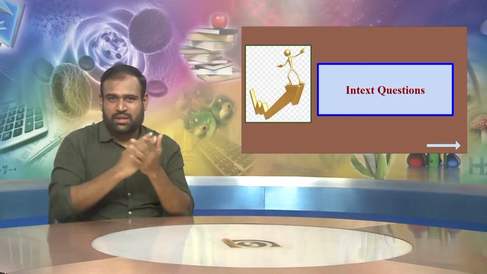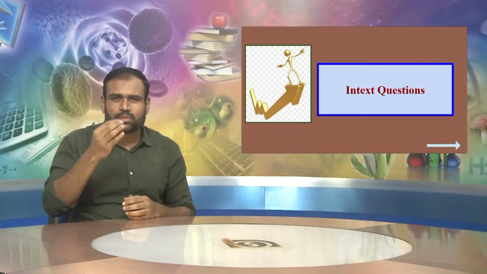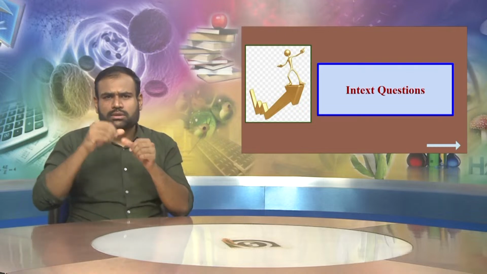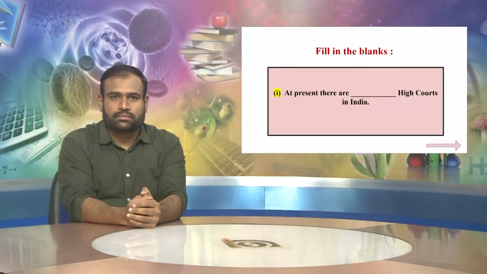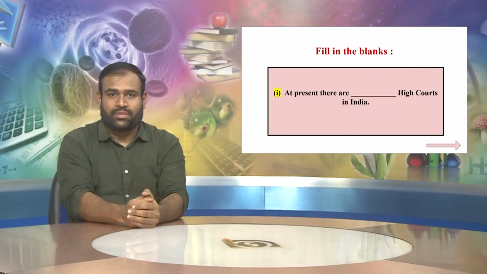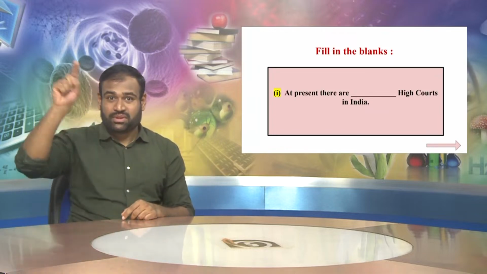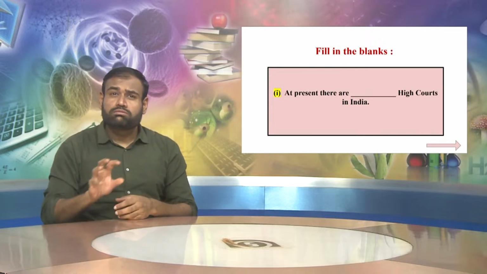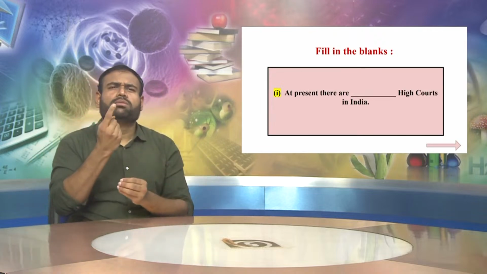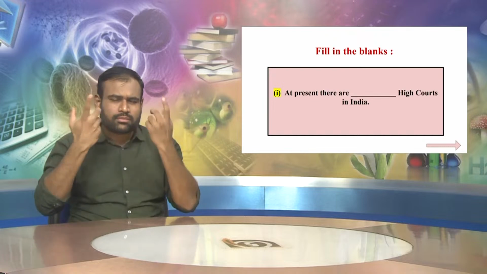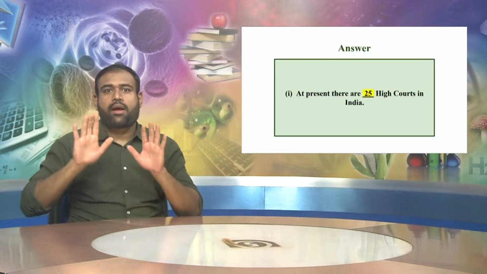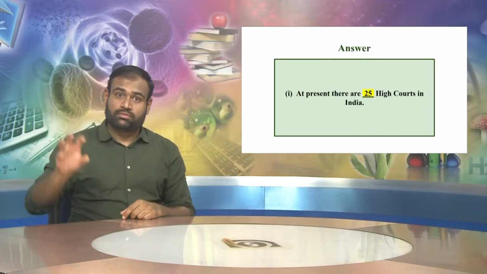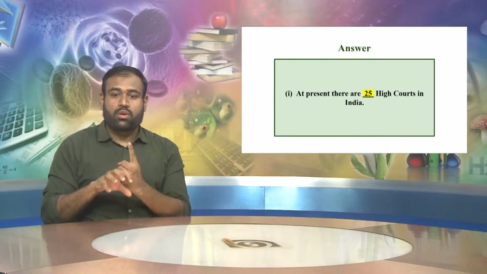In-text questions, we discussed part 1. Let's see the questions related to this part. Fill in the blanks. At present, there are dash high courts in India. In India, there are 25 high courts.